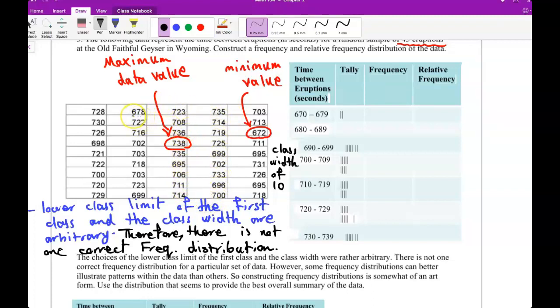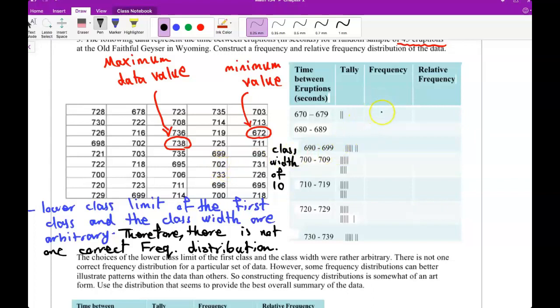Okay, here is 678. So we have two numbers, 678 and 672, in this interval. That's why we have this for tally. And between 680 and 689, we have nothing in this table. Between 690 and 699, we have 7 numbers.